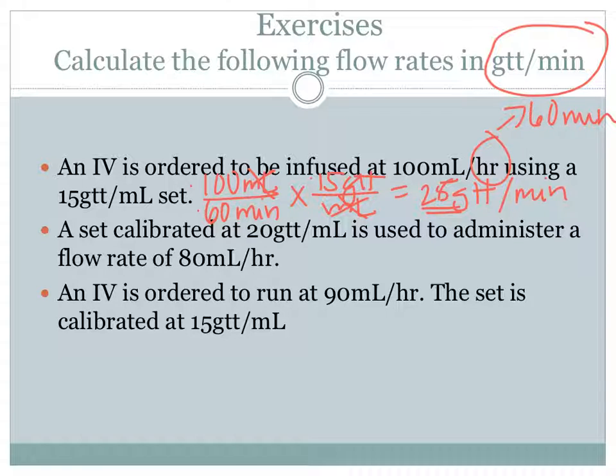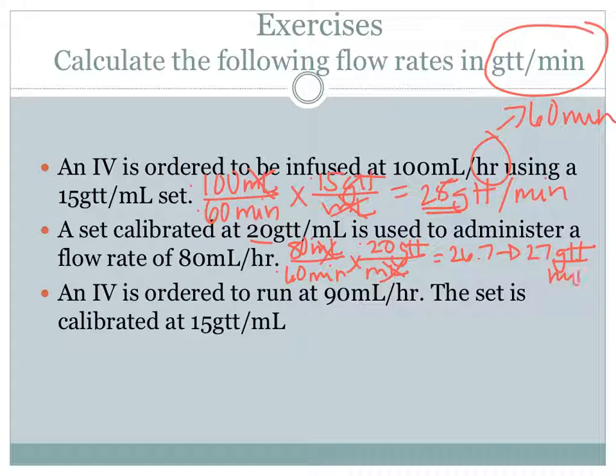For the next one, you will take the 80 mils over 60 minutes times the drop factor of 20 drops per mil. Cancel the milliliters, and that gives you 80 times 20 divided by 60, which equals 26.7, which you have to round to the nearest whole number, and that should give you 27 drops per minute.